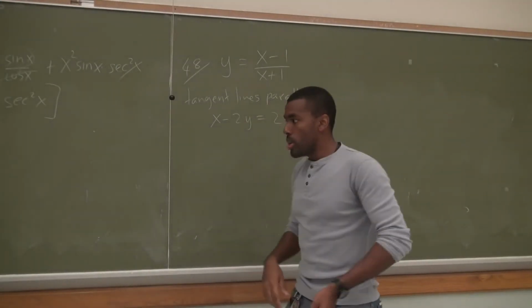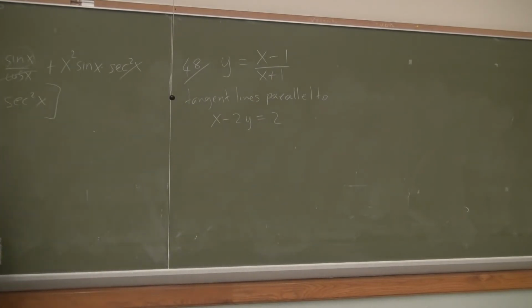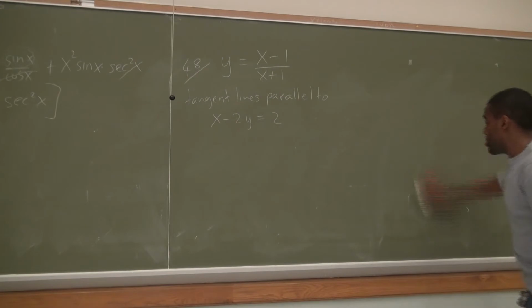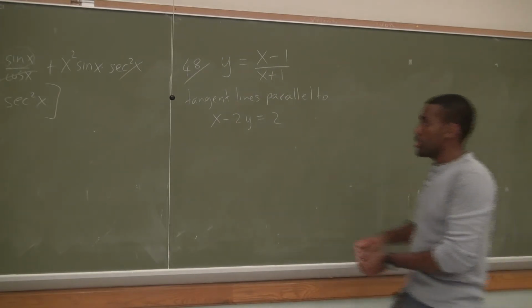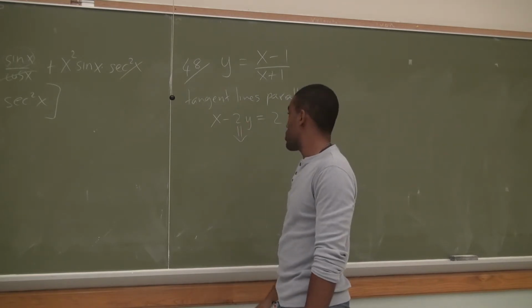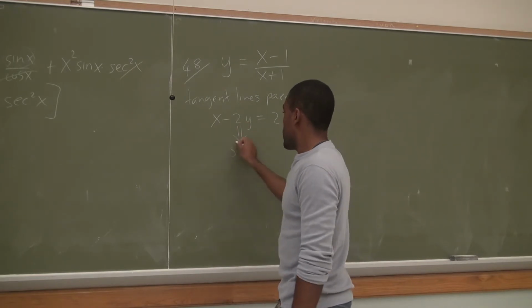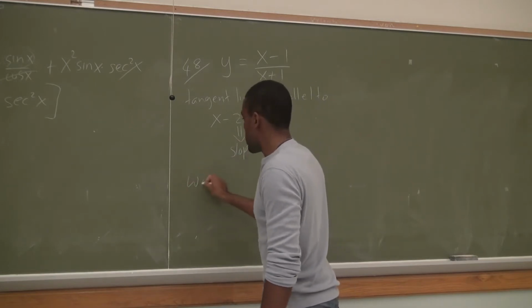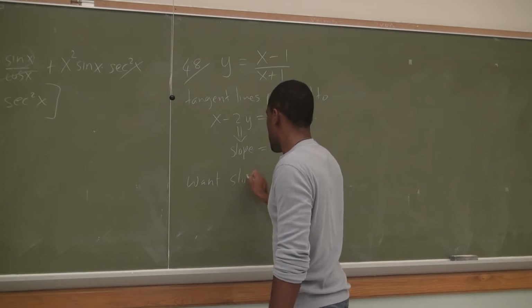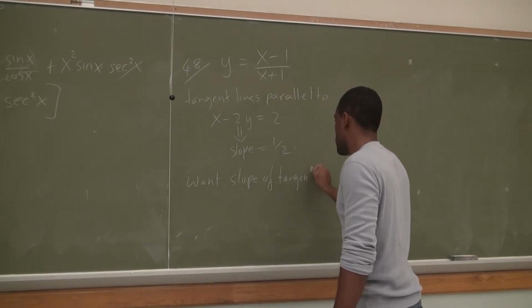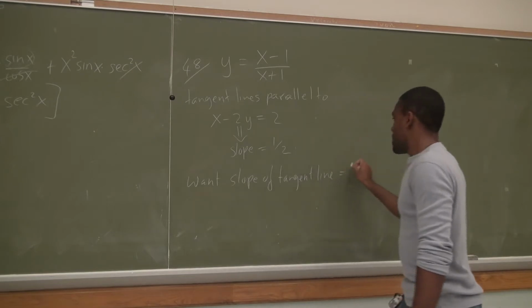Okay, how do we know that two lines are parallel? You get the slope. They need to have the same slope. That's how you know the lines are parallel. So this is the line, what is the slope? 2y equals x minus 2, so you know slope equals 1/2, right? So this means we want the slope of the tangent line to be 1/2.